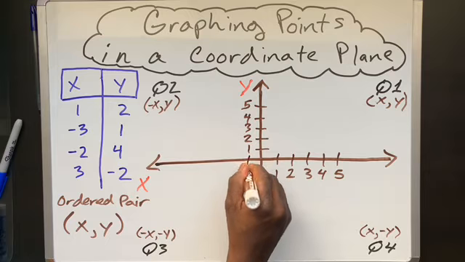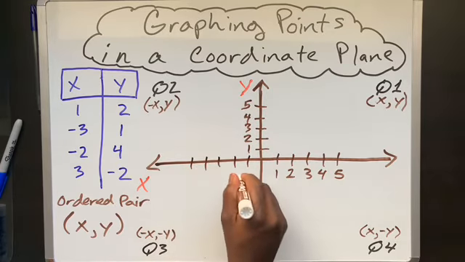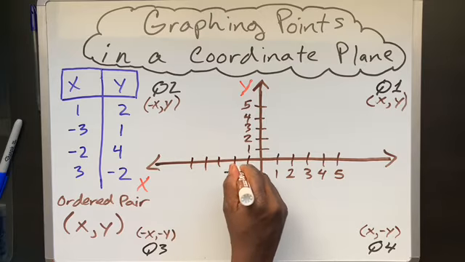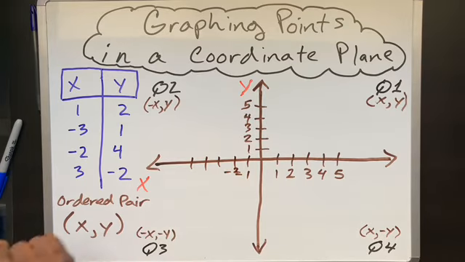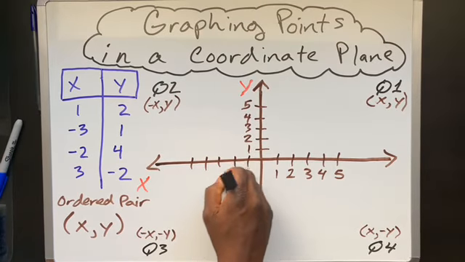So let's make that 1, 2, 3, 4, 5. So that's -1, -2. I'm going to come up with a way to do that so that it's visible.